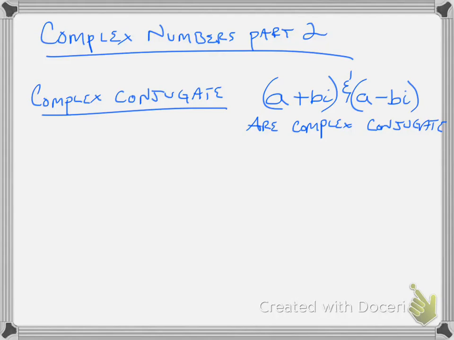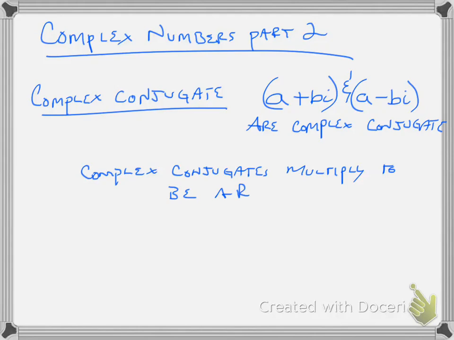And what we know is that complex conjugates multiply to be a real number. So even though it's two imaginary numbers being multiplied together, they multiply to be a real number.